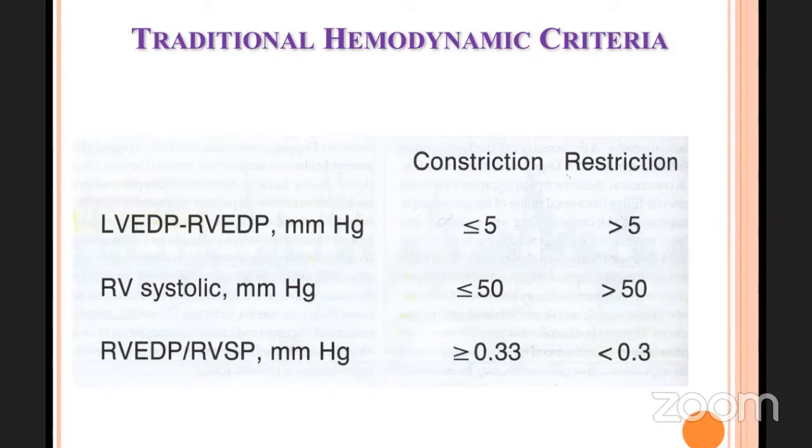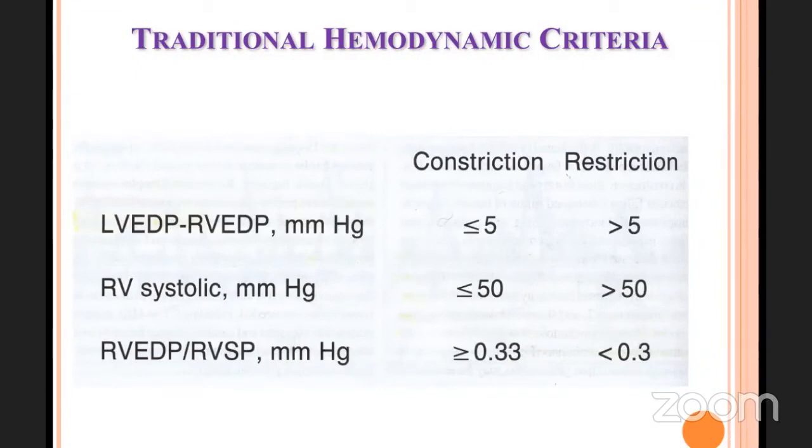Pulmonary hypertension is very unusual in constrictive pericarditis, and it is not uncommon in patients with restrictive cardiomyopathy, especially when it is involving the left ventricle as well. So, absence of pulmonary hypertension and equalization of the pressures in both sides of the heart, right ventricle and left ventricle within 5 millimeters of each other, used to be the classical criteria.